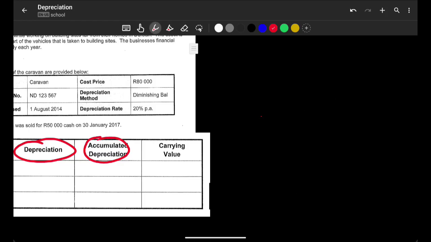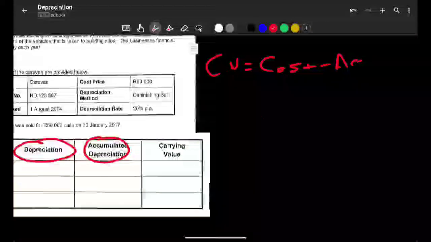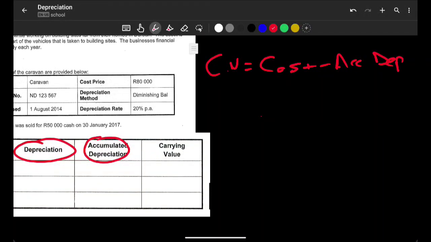Then our carrying value is our cost minus our accumulated depreciation. So by carrying value, we mean what is the value that we put on this asset, right? If we were to sell it today, what would we reasonably expect? So if you have a phone that is 2 years old, you don't expect to sell it for the same price that you bought it for.